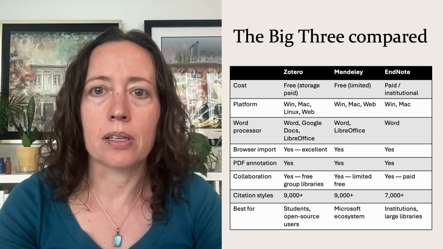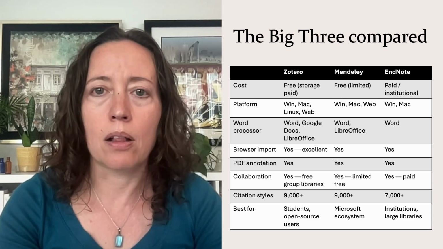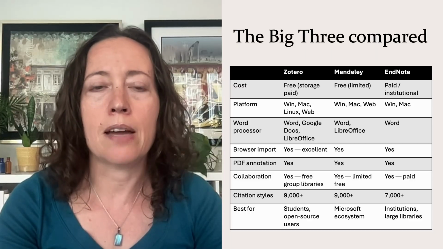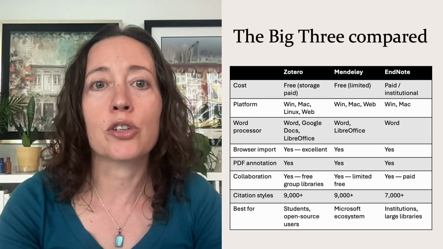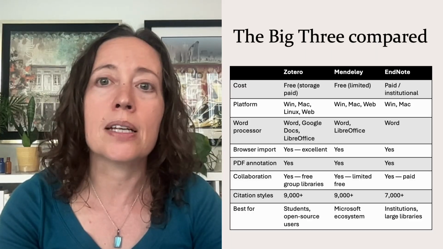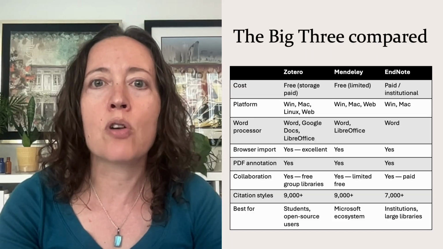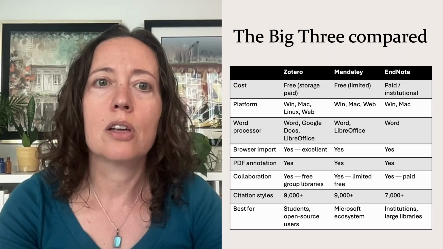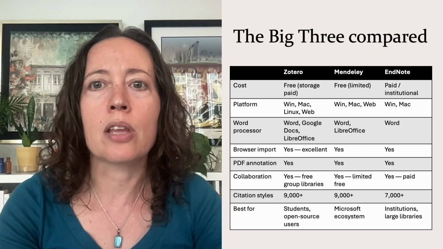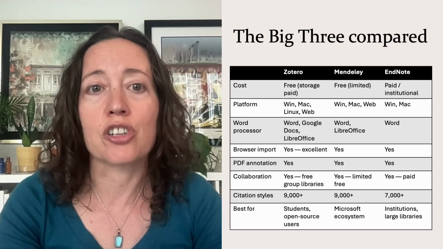Here's the core comparison. All three do the fundamentals well. Browser import, PDF annotation, word processor integration, thousands of citation styles. The differences start to matter when you look at platform, collaboration, and cost. Zotero is the only one that runs on Linux, which matters to some researchers.